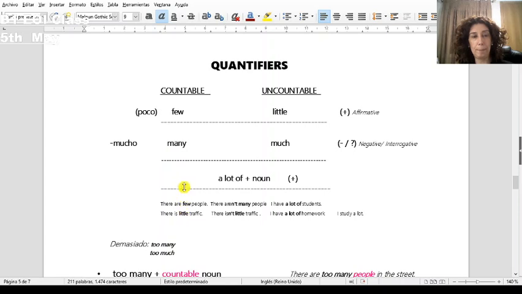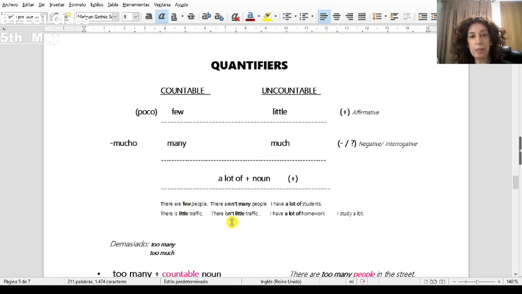Vale, muy bien. Now, many or much. Many significa mucho y much también, pero solo, de normal, se utiliza en negativa e interrogativa. Entonces siempre será no mucho, ¿vale? Por ejemplo, there aren't many people, para contables. Son sinónimos. Si no hay mucha gente, es que hay poca.